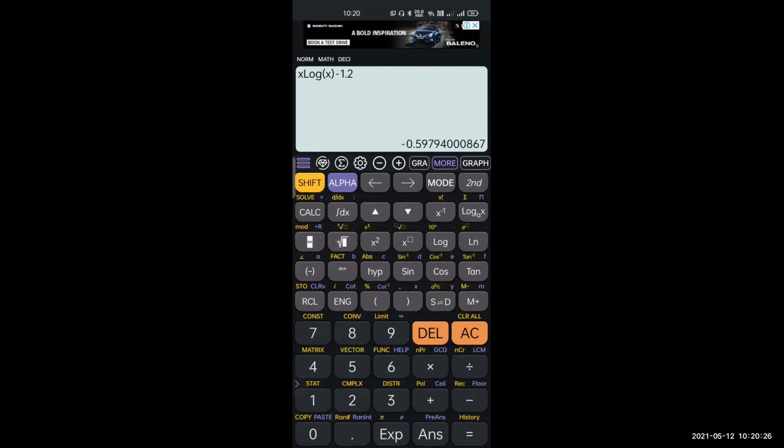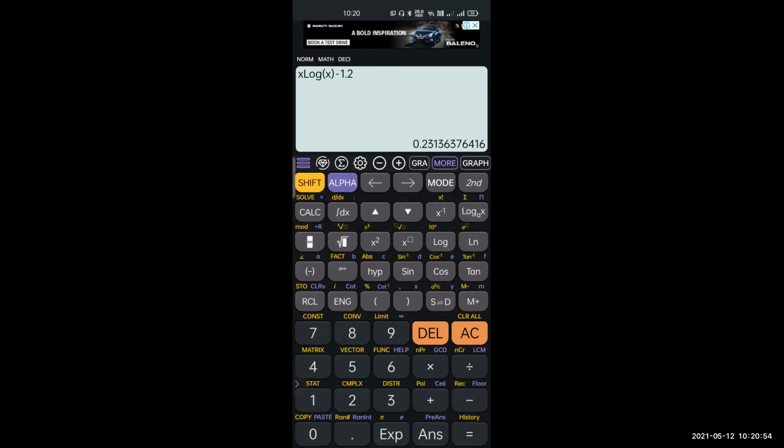Next, click on CALC again, and it will ask you the value of x. Now we enter 3 and click equals. Then it gave a positive value, 0.2313. Like this, by creating a function in your calculator, we use this kind of operation.